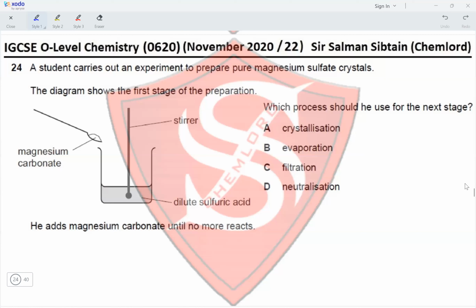Crystallization is the process that requires evaporation taking place. So that's not it. Filtration will separate the excess of magnesium carbonate from magnesium sulfate solution. That is correct. And neutralization is not required in the next stage. Therefore, the correct option for this question is option C.